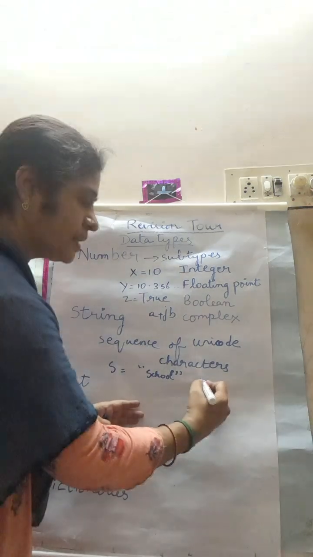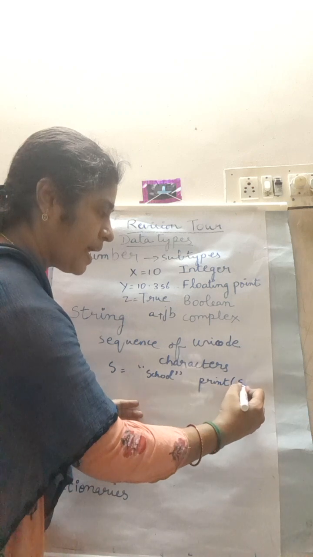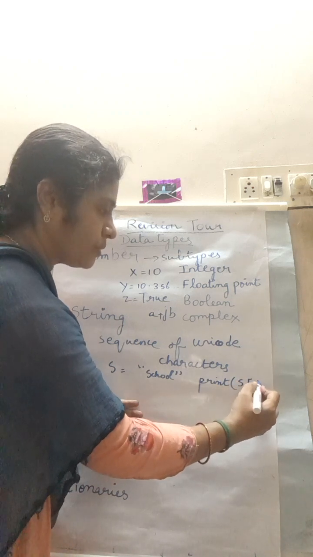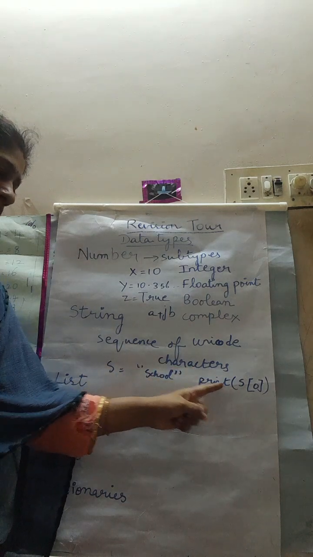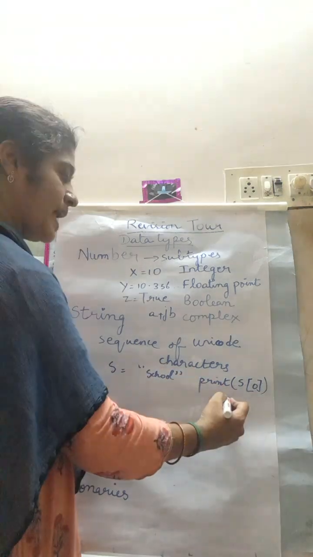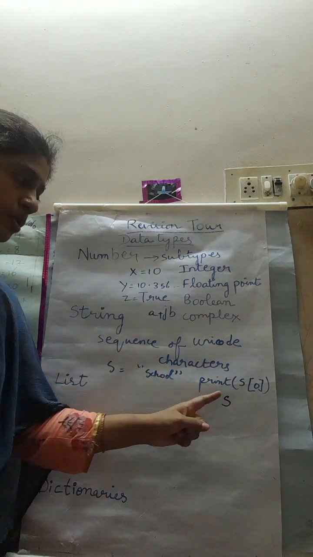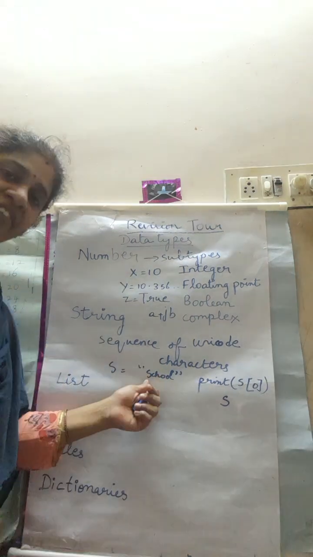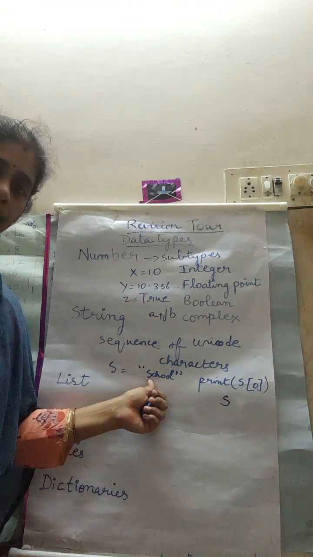I can write print S of 0. It will give you the value S, the first letter, because the index of the first letter is 0.